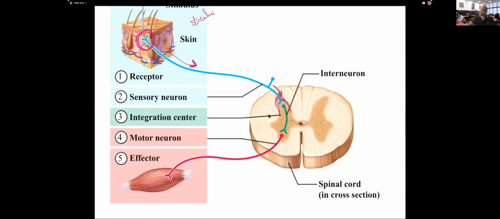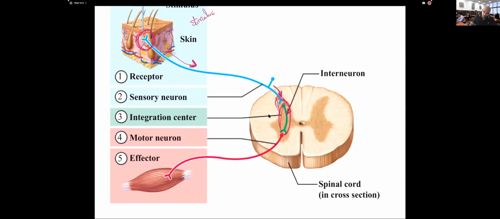And in the spinal cord, this is where I've got the integration of the sensory neuron and another motor neuron. And this is going to be by the interneuron. So you've got an interneuron that connects the sensory nerve cell to the motor nerve cell.